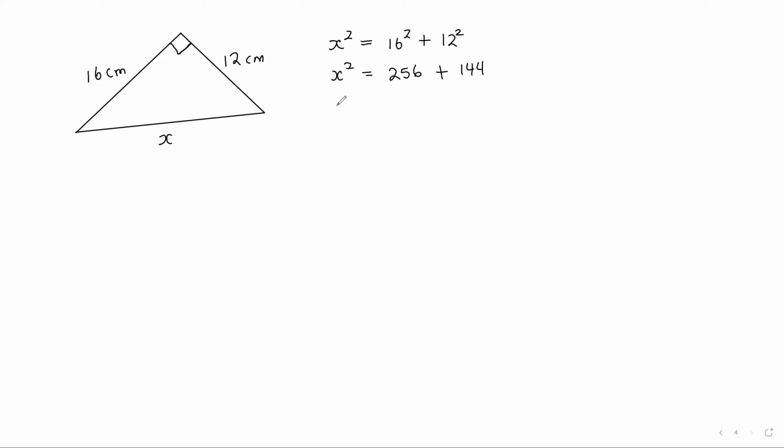That'll be 400. So x squared is 400, which makes x what?